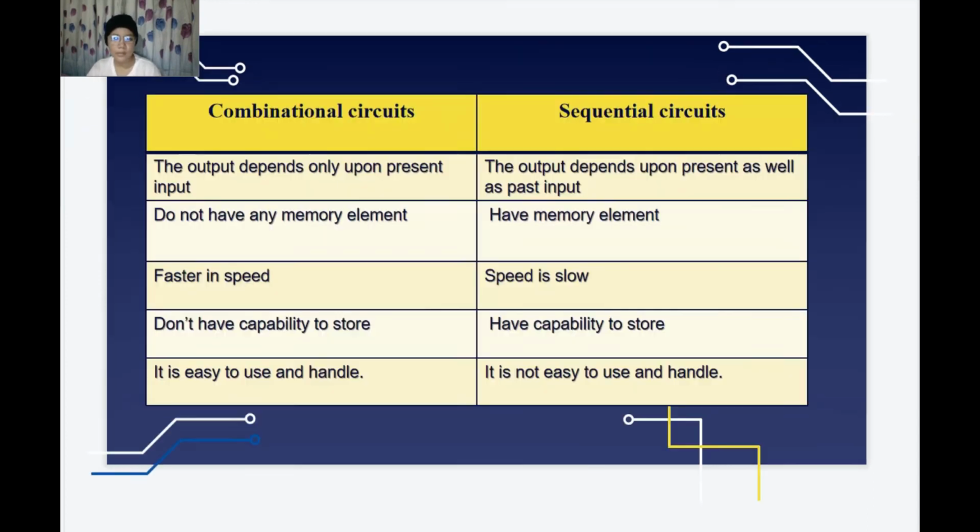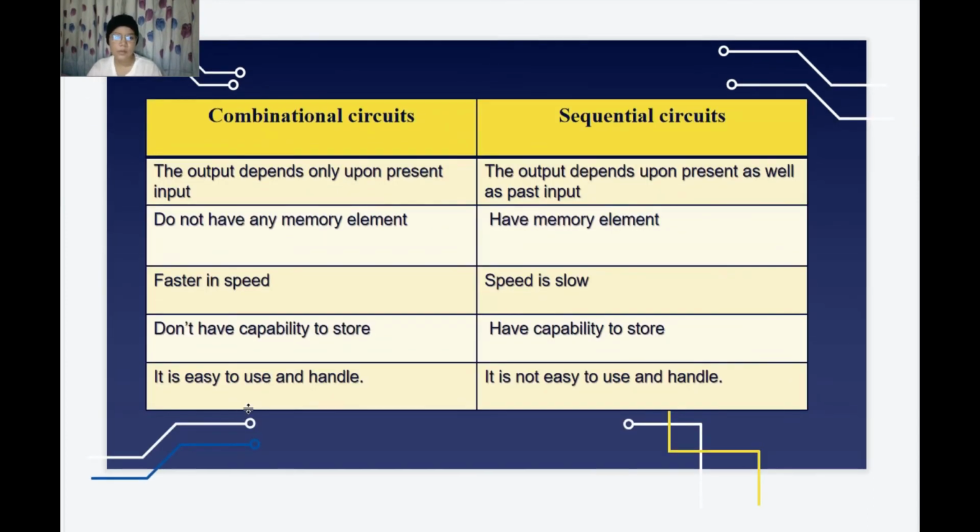Last, combinational circuit is easy to use and handle, while sequential is not easy to use and handle.